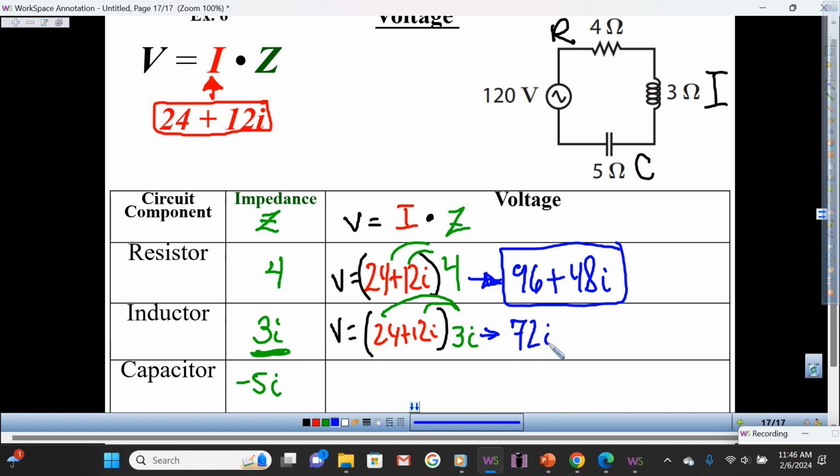Hold on. Let me just show you this really quick. 3I times 12, that's 36I squared. What do you notice at the end, guys? We need to substitute what? I squared is negative 1, so times that. So this is negative 36 plus 72I.